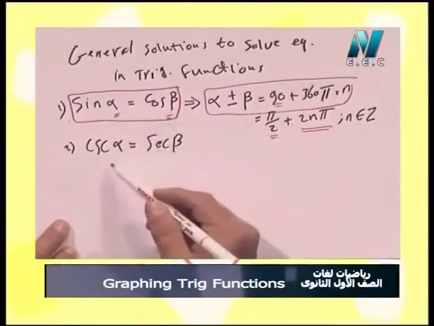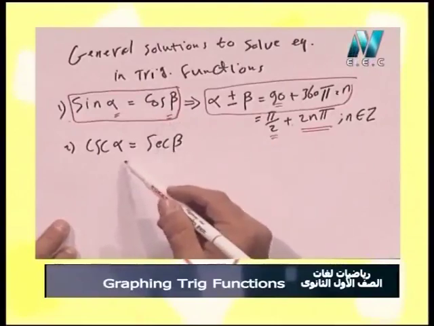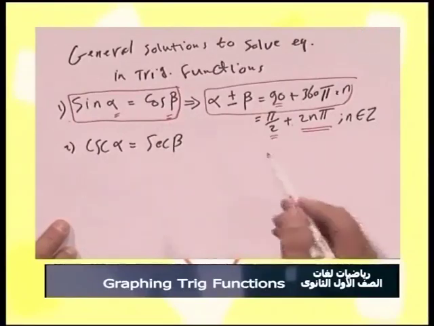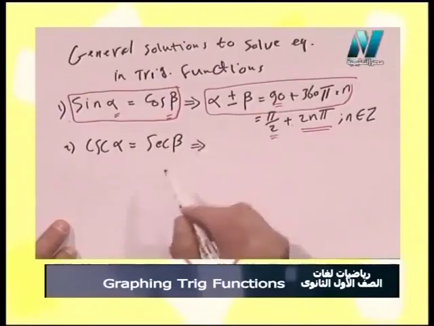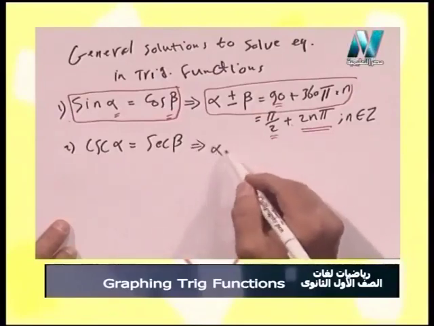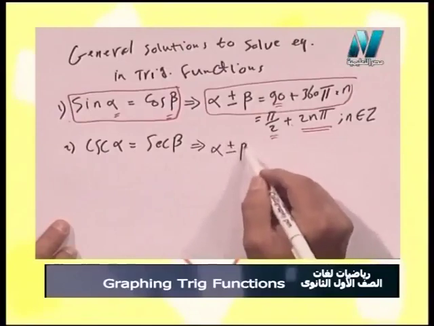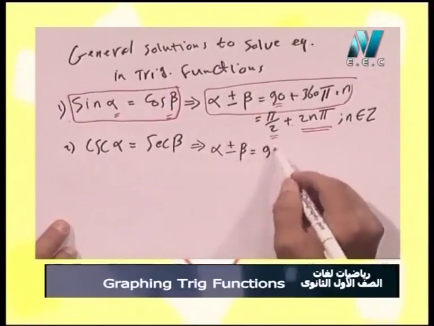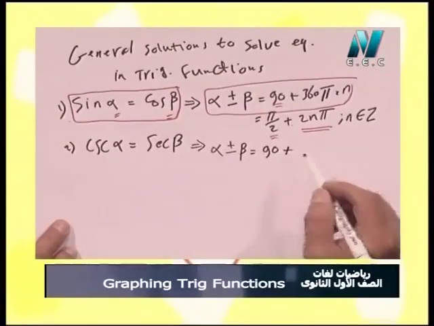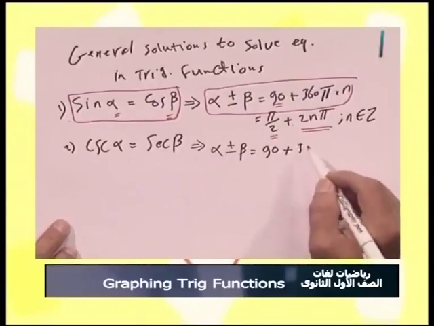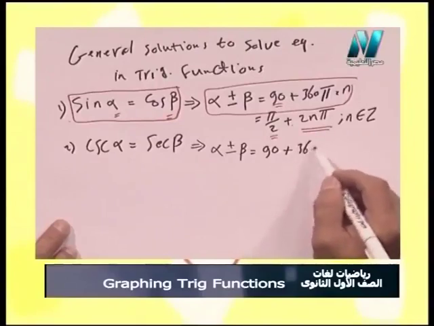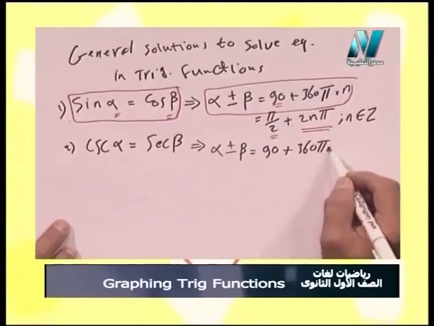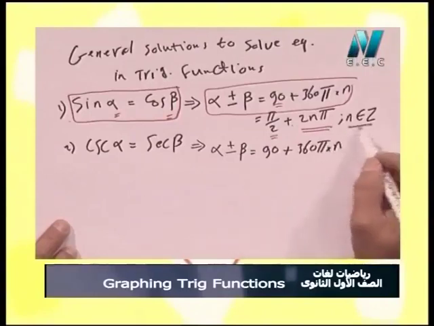If these two functions are equal, we deduce that alpha plus or minus beta equals 90 degrees plus 360 n, or 2 pi n, and we know n belongs to Z.